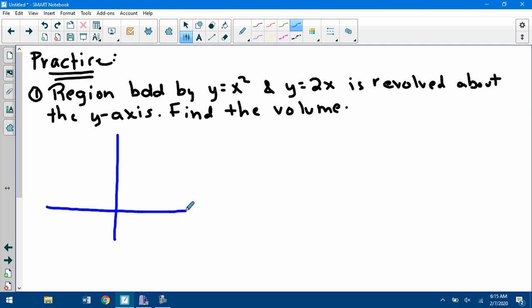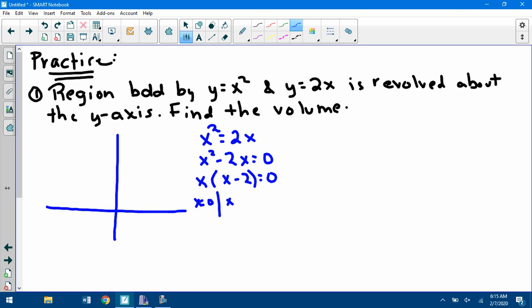So if you want to think about your intersections, we could set the equations equal. x squared equals 2x. I'd have x squared minus 2x equals 0. Pull an x out, leaves us with x times x minus 2. So we're going to intersect at x equals 0 and x equals 2. All right, so I know I have to go over at least to x equals 2.